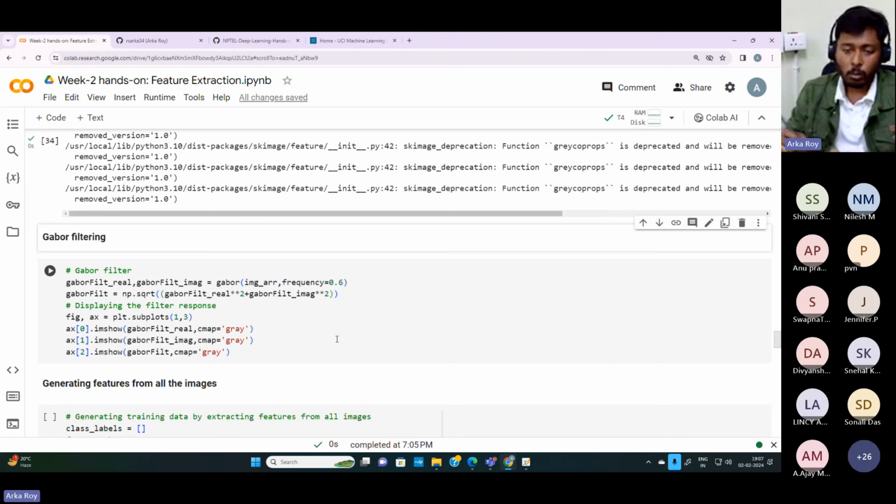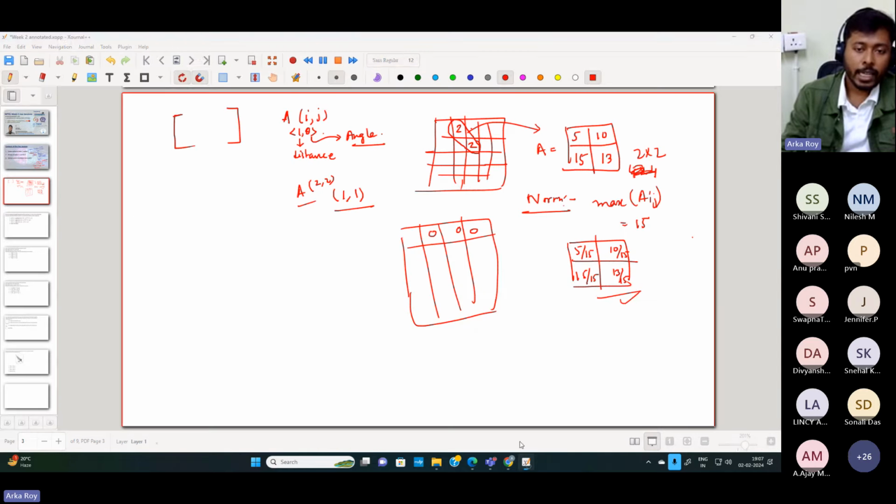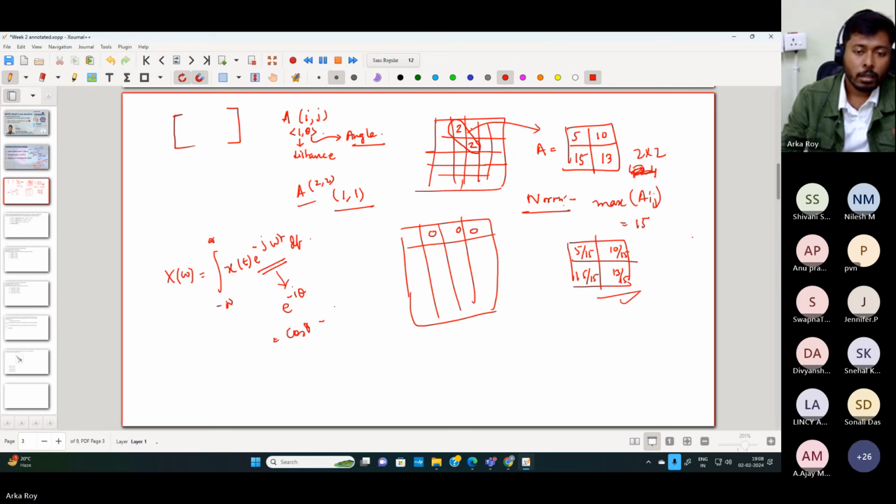And if you know, the Fourier transform basically gives you the real component and imaginary component. So mathematically, if I write the Fourier transform, let's say X of omega, this will be the integral from minus infinity to infinity of x(t) e to the power minus j omega t dt. From this e to the power minus j omega t, we know that e to the power minus j theta, I can write as cos theta minus j sin theta.